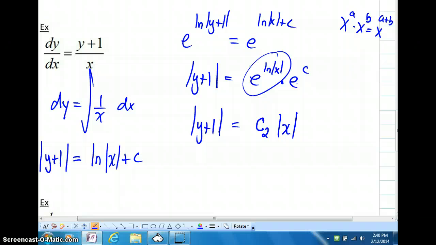But now we're faced with this kind of other puzzling situation. Sometimes kids are like, wait a minute, how do I solve explicitly for y? Well, let me ask you this. If two absolute values are equal, maybe a little bit of side work, guys.